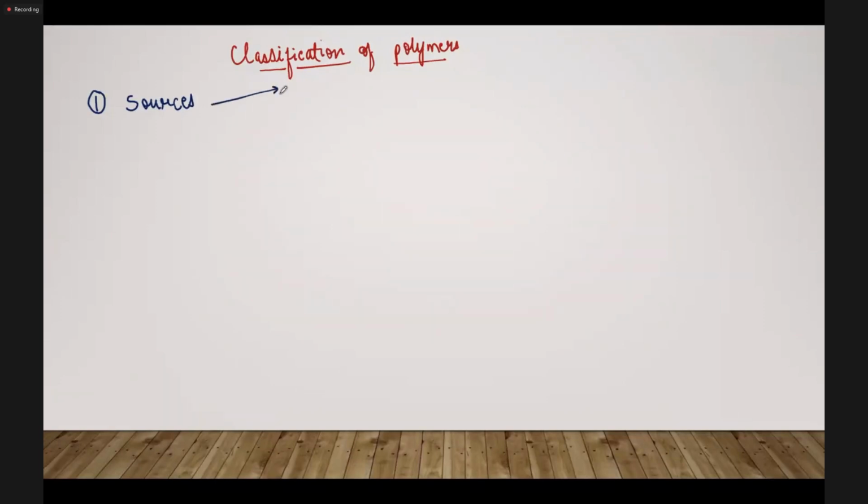then we have natural polymers, then we have semi-synthetic polymers, and then we have synthetic. Synthetic means man-made. It is not natural. Anything whose origin is not natural is known as synthetic.